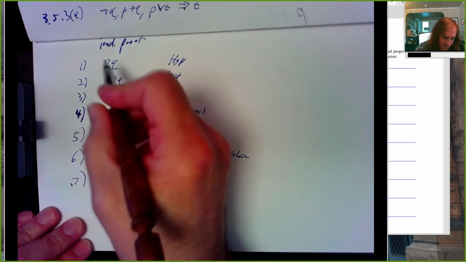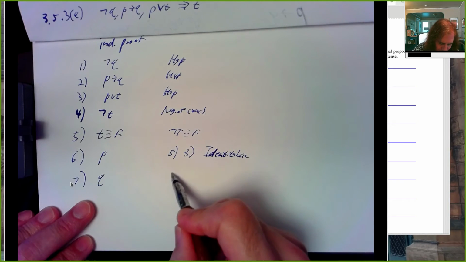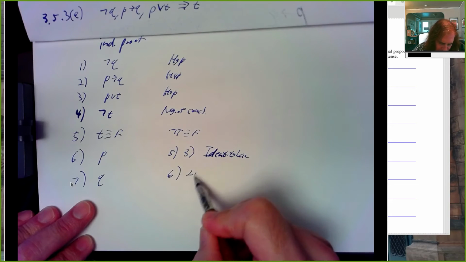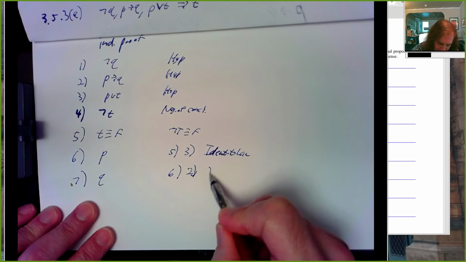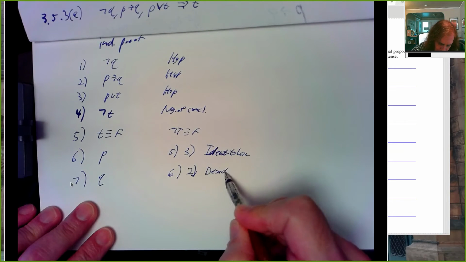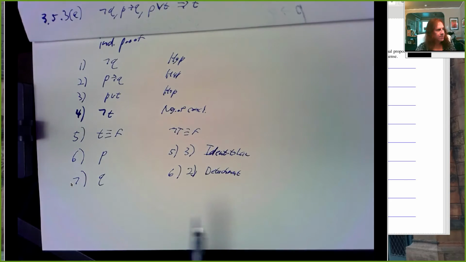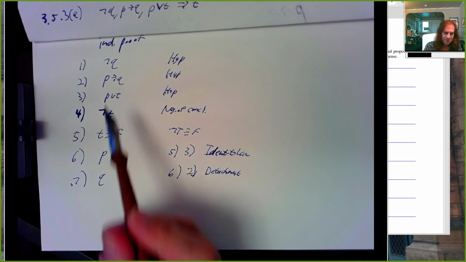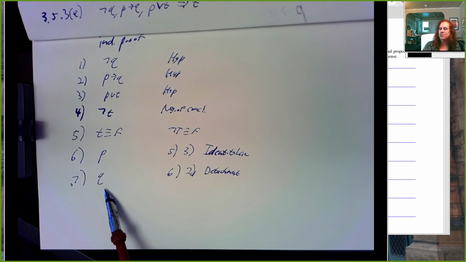Well, if P is true and P implies Q, that means Q is true. This is statement 6 put together with statement 2 and direct reasoning, so detachment. But we've reached a contradiction. Because we've stated that not Q is true, and we've just shown that Q is true.